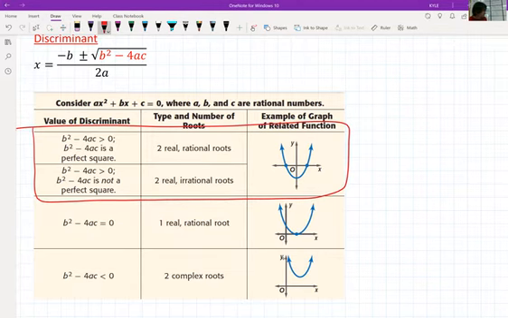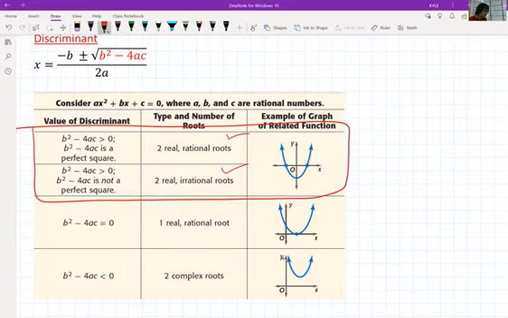If the discriminant, b squared minus 4ac, is greater than 0, if we get a positive number, can we take the square root of a positive number? Yes, we can. Sometimes, if it's a perfect square, we can take the square root and it'll give us 2 really nice numbers.